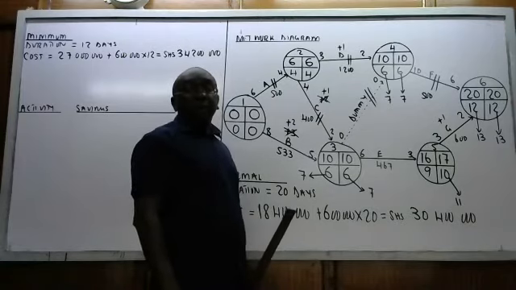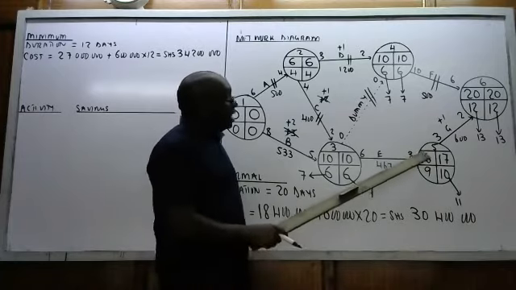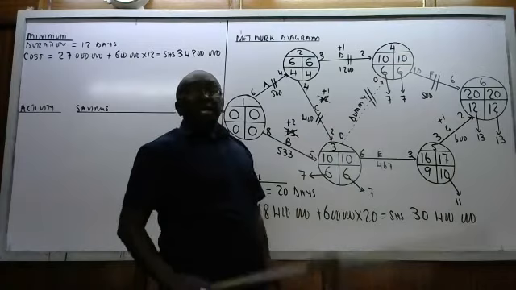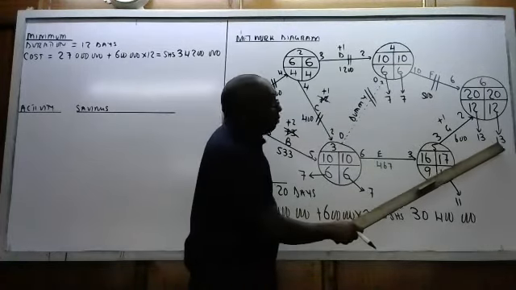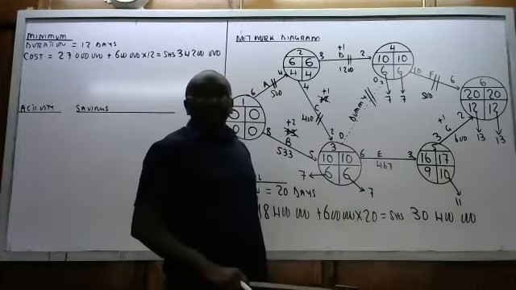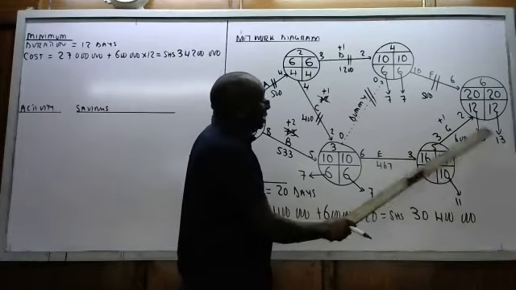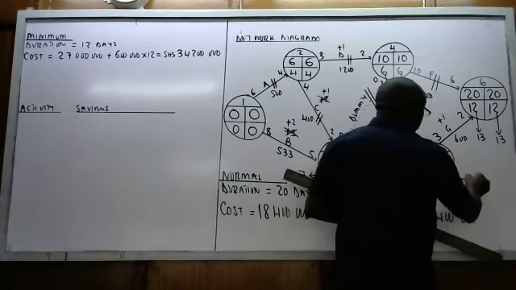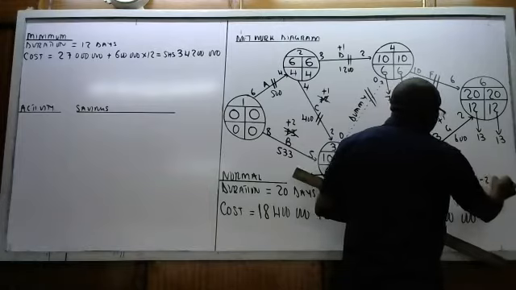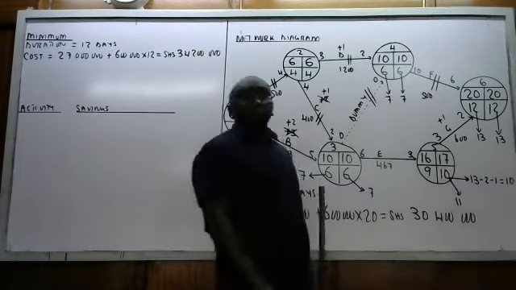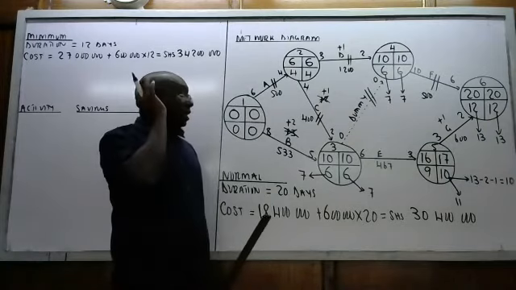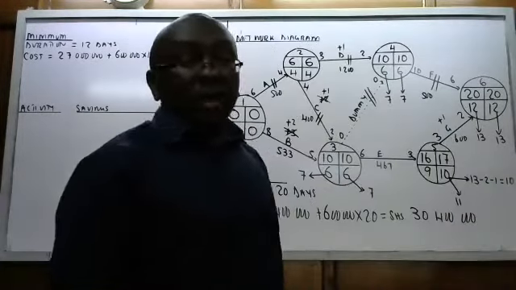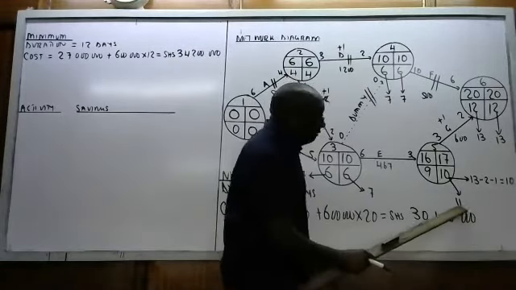If we do not want to be late, kama tunataka kumaliza by 13, then this one should be 13 minus 2 minus 1, which is 10. So it's not now 11.